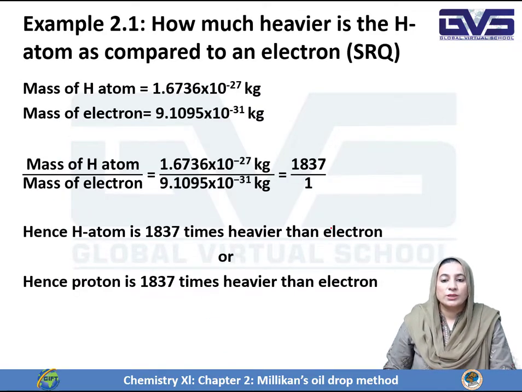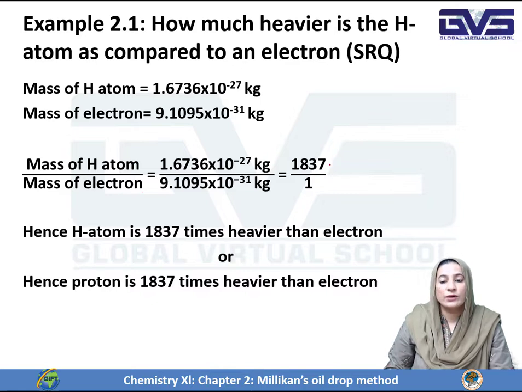Students, this is another short response question. How much heavier is the hydrogen atom, which you can also call the proton, as compared to an electron? That is very simple. Take the mass of the hydrogen atom divided by the mass of the electron, because now you know it. The ratio comes out 1837 divided by 1.